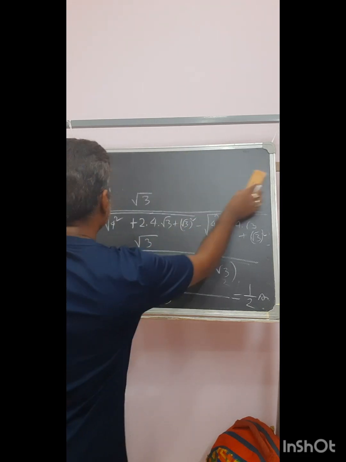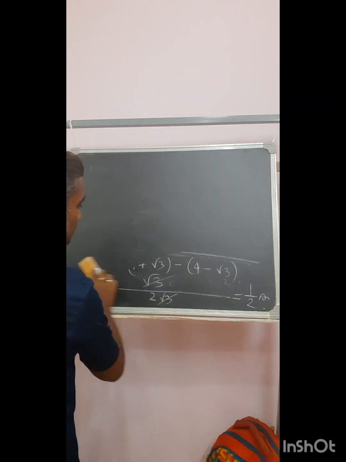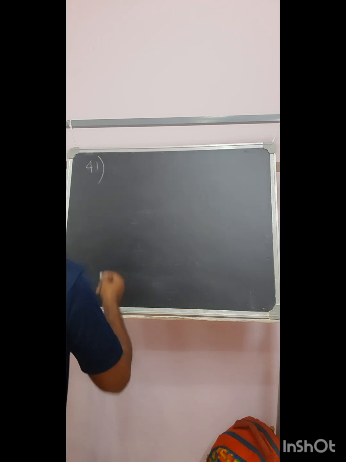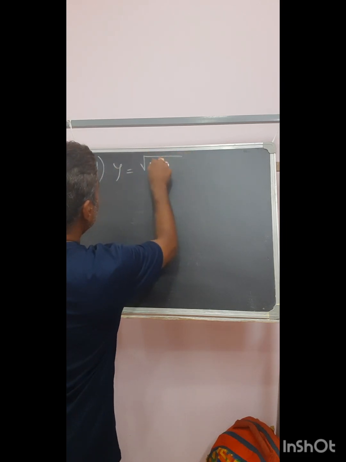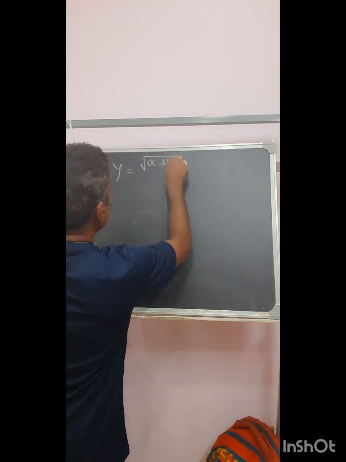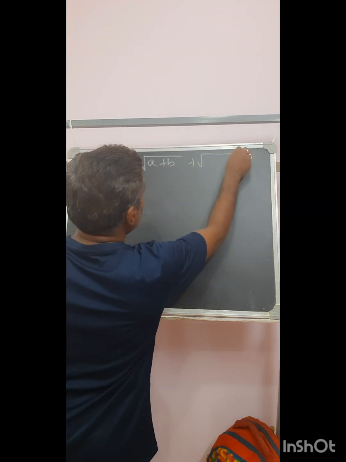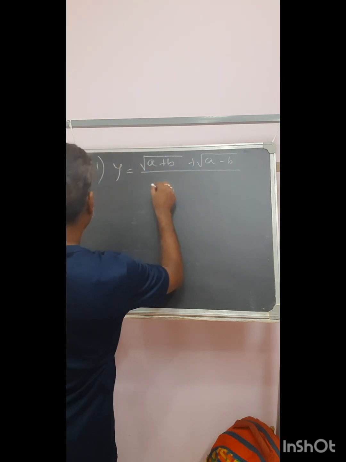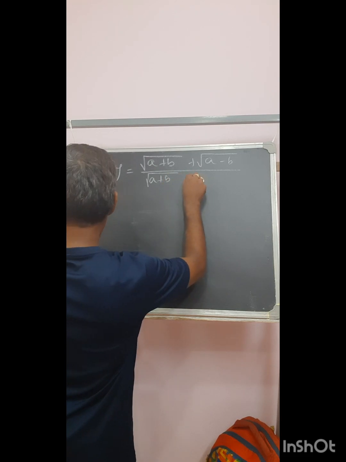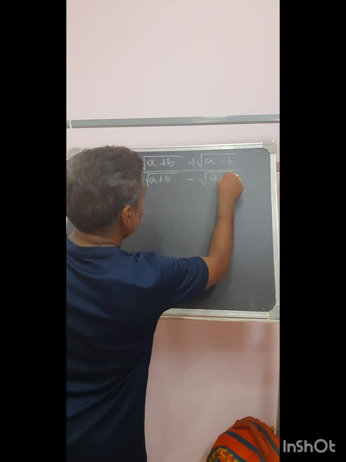So come to the next problem, which is 41. It says y is equal to root of a plus b plus a minus b equal to a plus b minus a minus b.